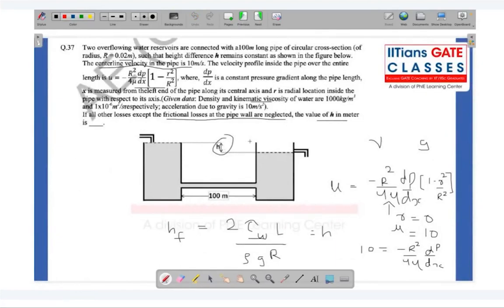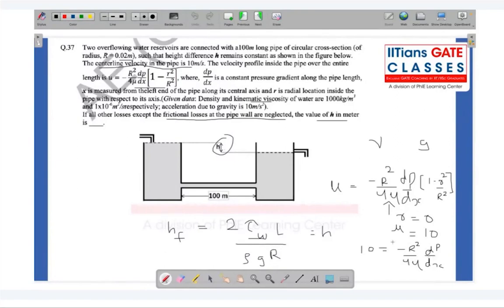Any questions on this? Sir, u equals minus r square by 4 mu dou p by dou x. Where is the dou p by dou x? That means you have taken it as 1.